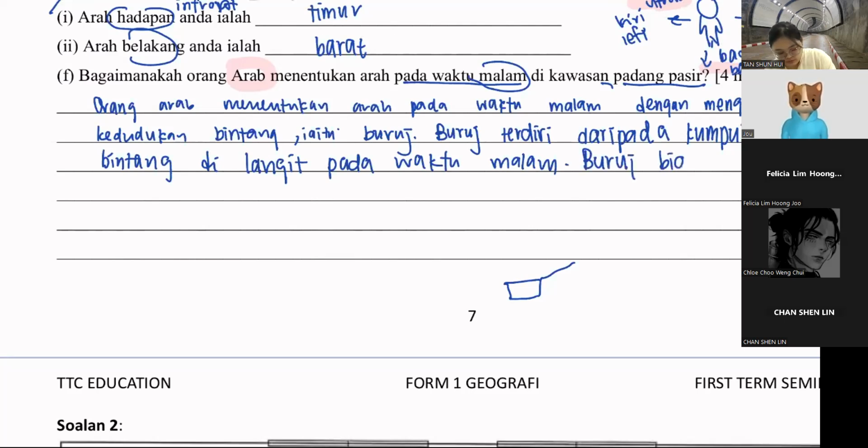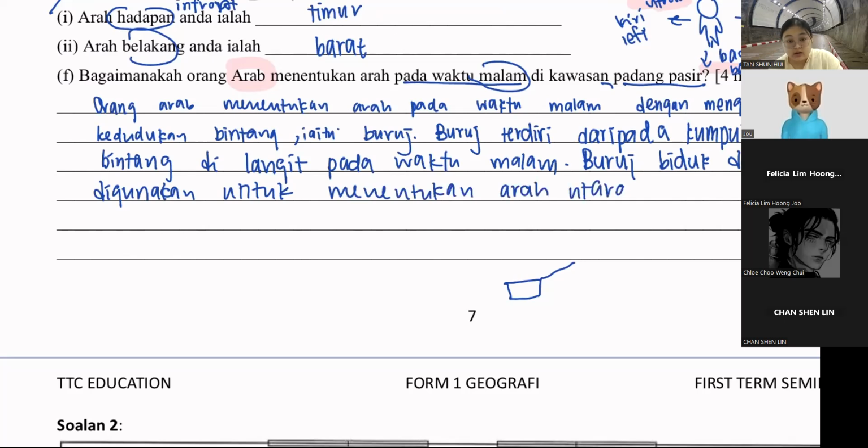Buruj biduk dapat digunakan untuk menentu arah. Now, for this kind of KBAT questions, try to write something not too empty, okay? Because if it makes sense, then it can be your answer. All right?